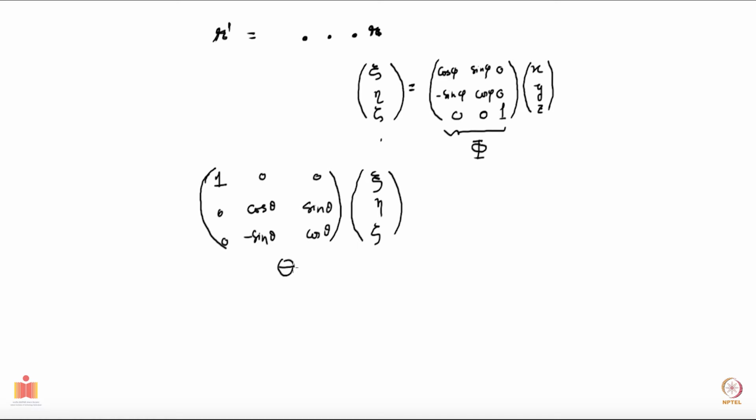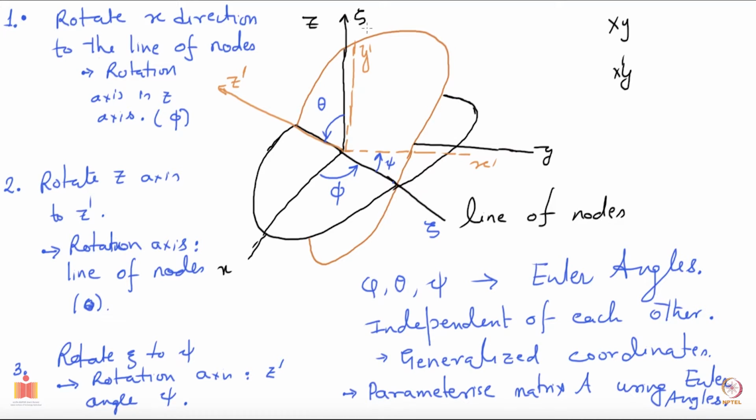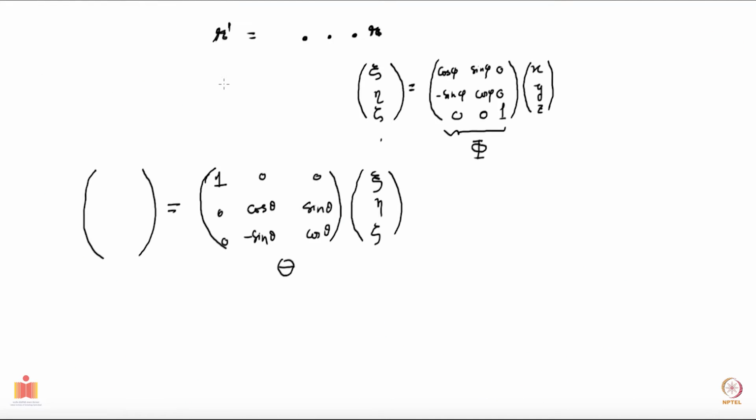Perfect. And then third rotation, and before that let me label these. Now after this, what has happened is my zeta has become z prime. So let me write z prime here. Okay, and let's call these intermediate values xi prime and eta prime. Okay, good.